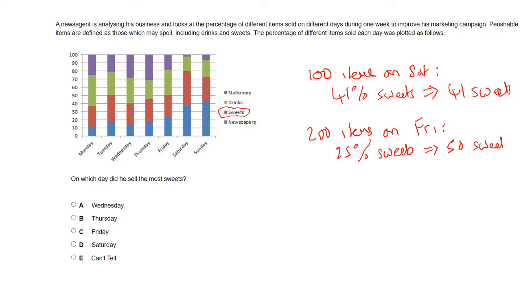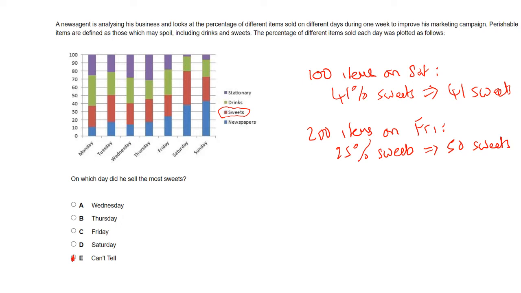So even though he sold a much smaller percentage of sweets out of his total things he sold on the Friday, the actual number of sweets would be bigger than it was on the Saturday. There's no reason to think that is true, but the point is it could be. And so the answer to the question is can't tell.